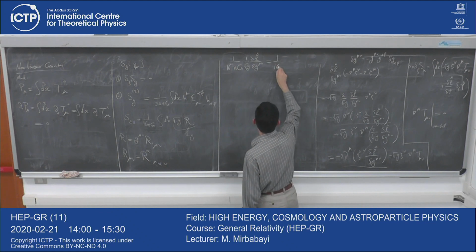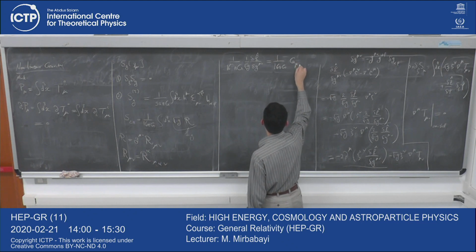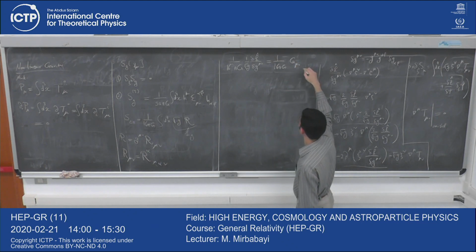So this is just 1 over 16 pi G, some tensor that is called the Einstein tensor.